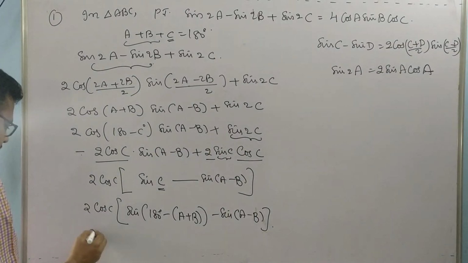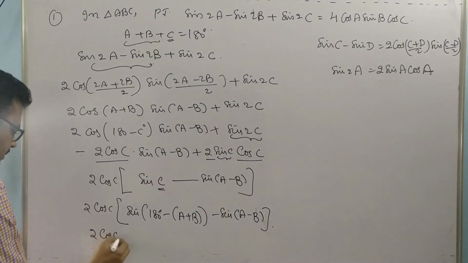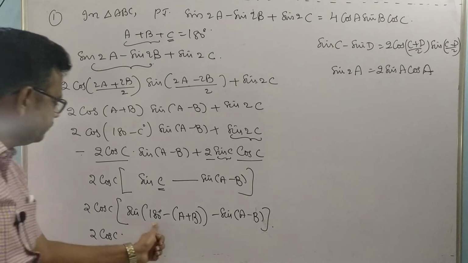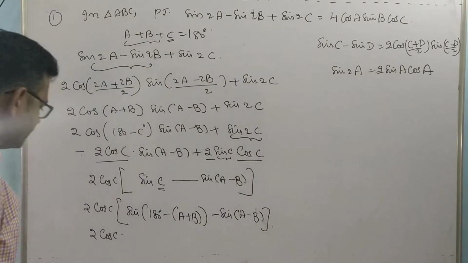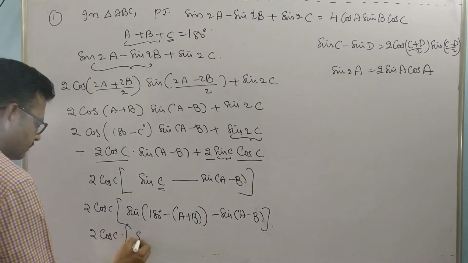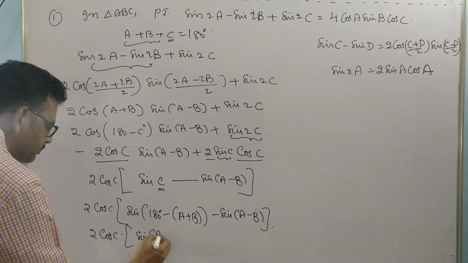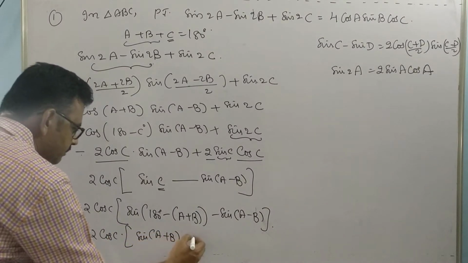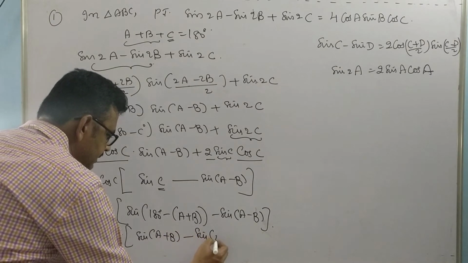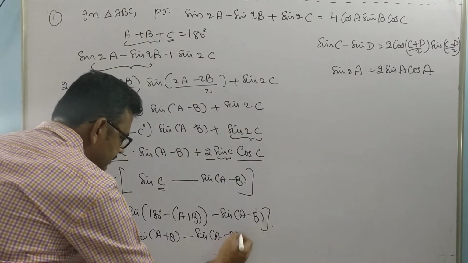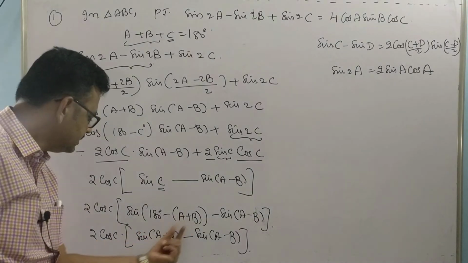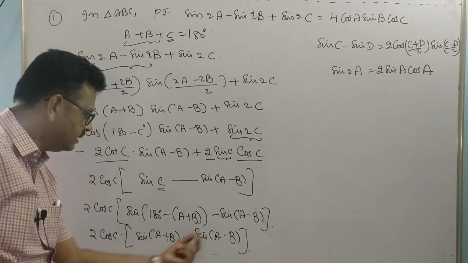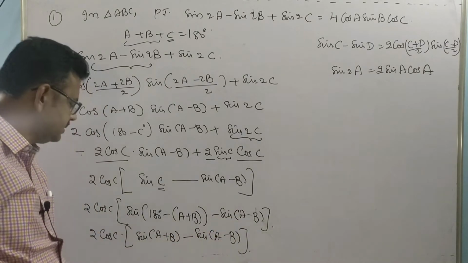So this is 2 cos C into sine of 180 minus theta. In the second quadrant, sine is positive. Therefore, this is sine of (A plus B) minus sine of (A minus B). Sine of 180 minus theta equals sine theta, as usual.